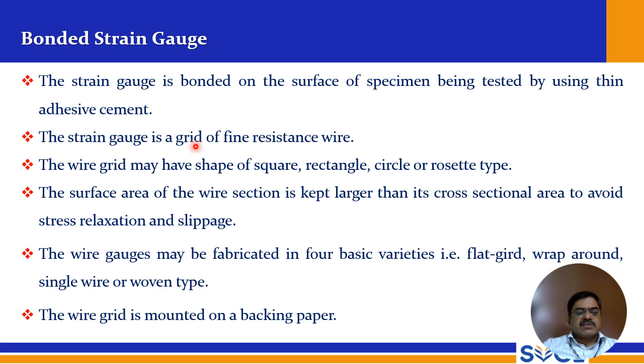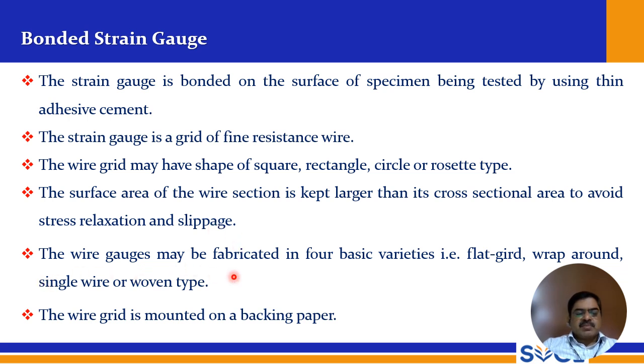The strain gauge is a grid of fine resistance wire. The wire grid may have the shape of square, rectangle, circle, or rosette type.